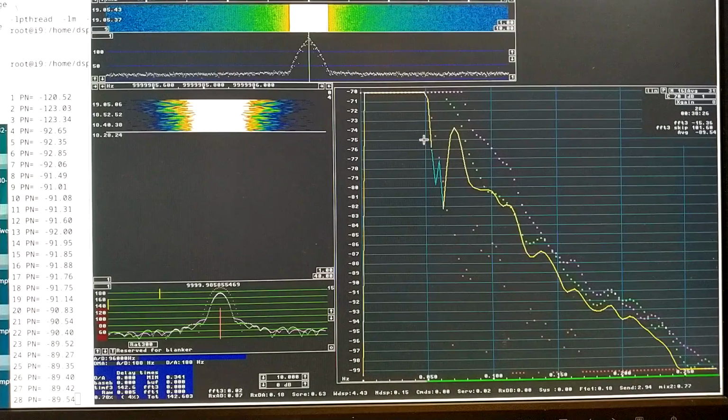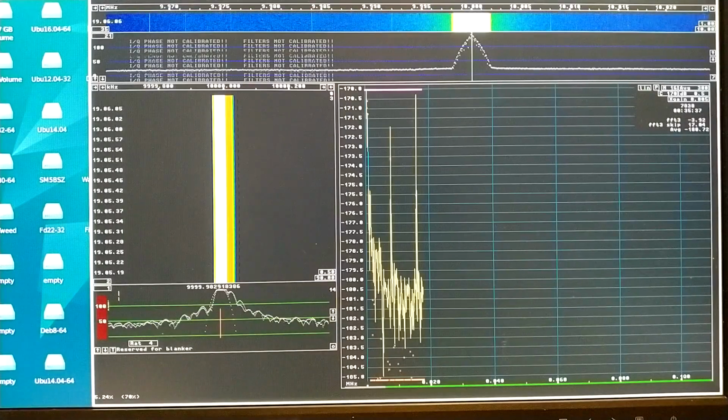I have negative values here, and that's not really so good. They are just excluded, the negative values. And then I have this screen, which gives me the noise at 10 kHz. It's about minus 181, but I need better statistics.